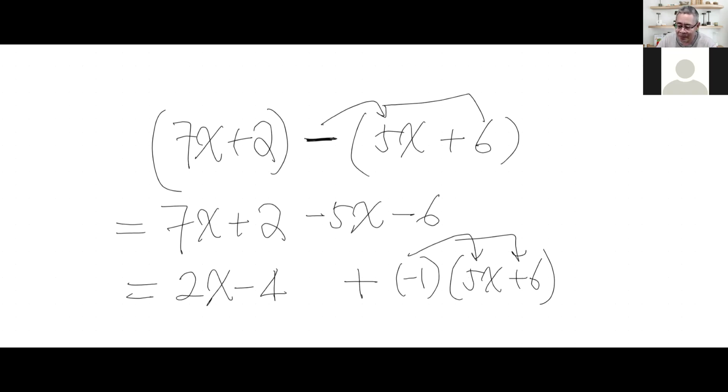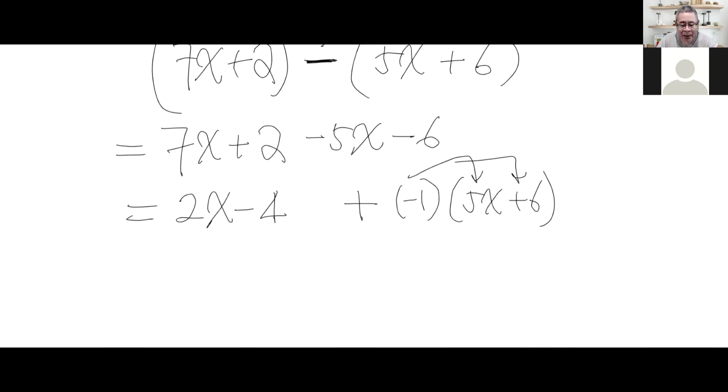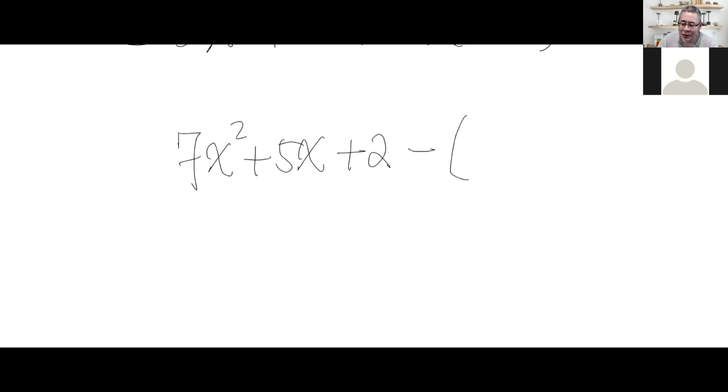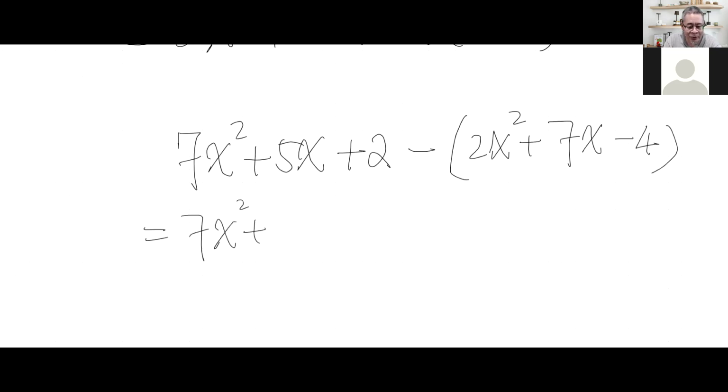Good? Perfect. And then, if you have, say, 7x squared plus 5x plus 2, then minus 2x squared plus 7x minus 4. Then we got 7x squared plus 5x plus 2, and that got distributed.